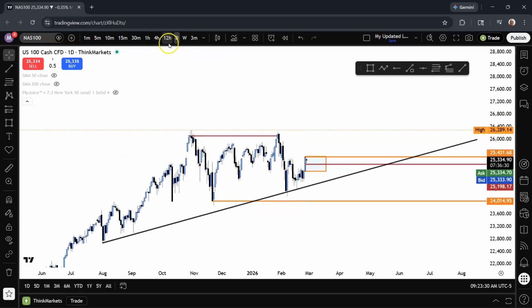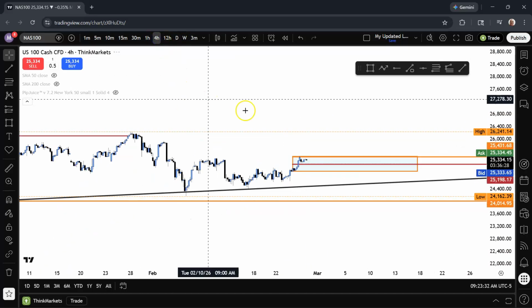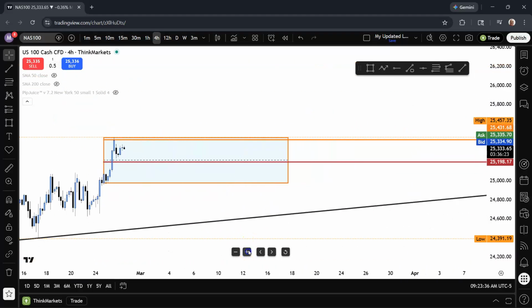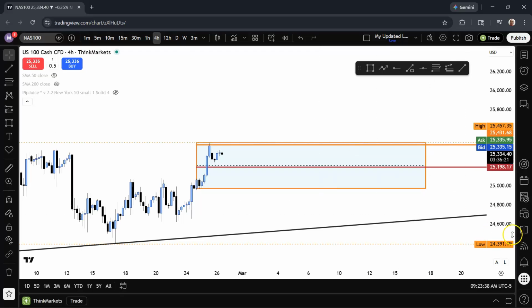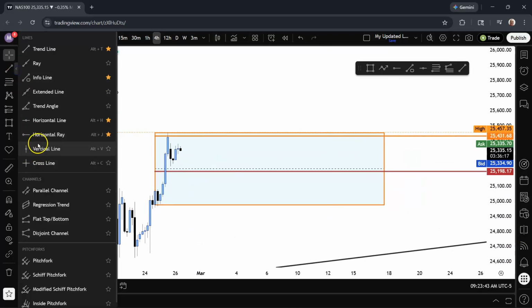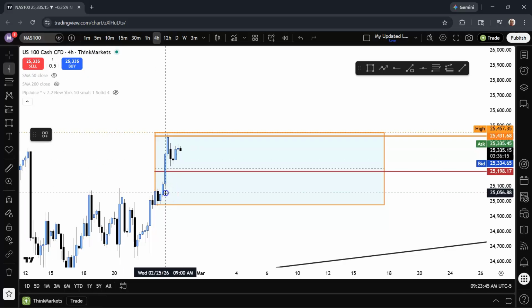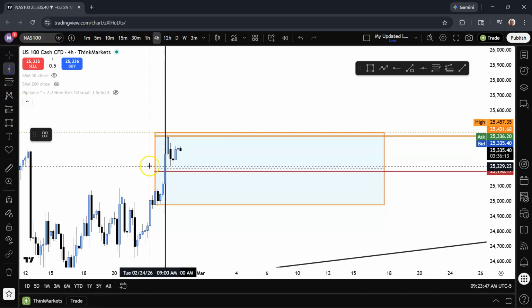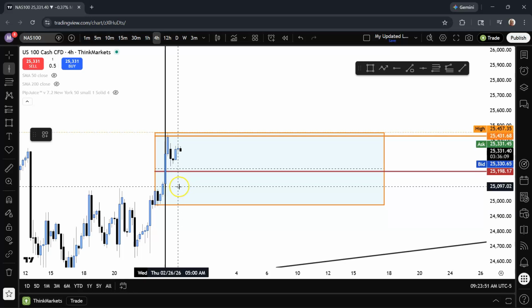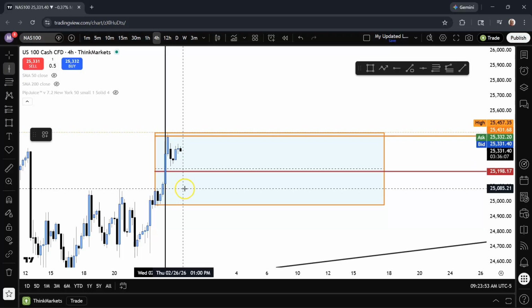So I'm going to go down to the lower time frames now, the 4 hour, to see if I see any fair value gaps. And I want to mark out 9 o'clock to 9:30, or 9:20, because this is going to be the 1 minute strategy that I'm going to try to do here.